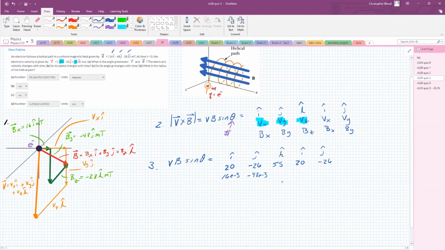And my Z component is negative 28 e minus 3 Tesla, and then repeat. 16 e minus 3, negative 48 e minus 3, and I'm done. I'm just going to do a double check. This should be 16. This should be negative 48. This should be negative 28. And they're all millitesla, hence the e minus 3.